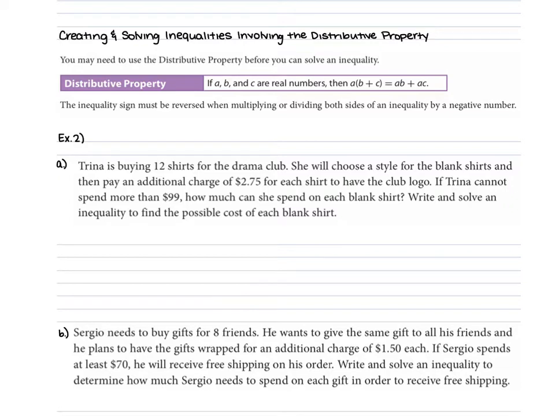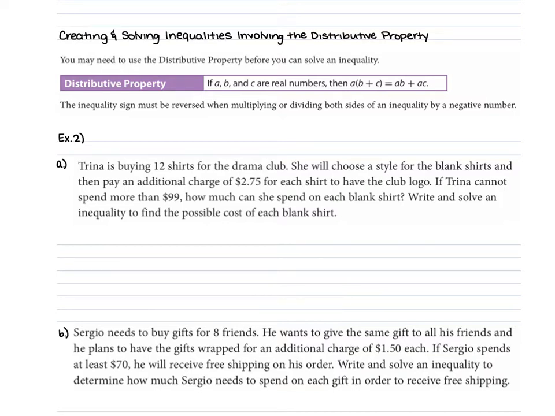So with this, go from the very beginning. We have that she's buying 12 shirts. So if she's buying 12 shirts, that 12 is going to be somewhere in our inequality. She can choose a style for the blank shirts and pay an additional charge of $2.75. So it would be the 12 plus $2.75 per shirt.